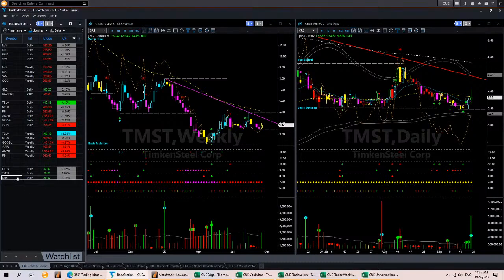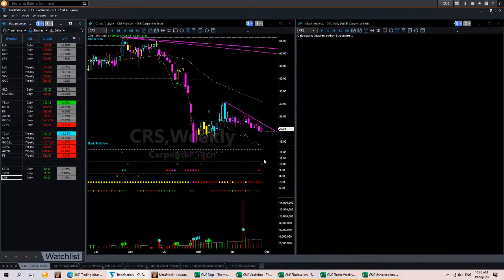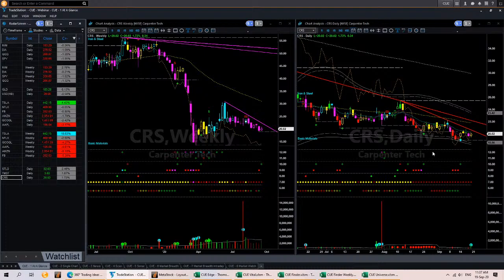And the last one, CRS, is also looking weak, therefore I am not going to buy them. We could buy SXC or STLD using the supports and using the flow color candles.